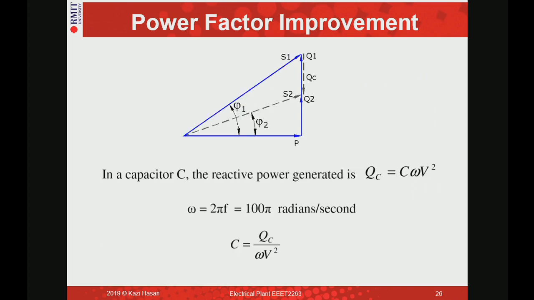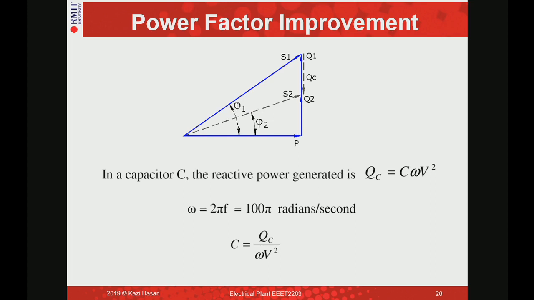Then we have a formula that, to obtain a certain amount of QC, tells how much capacitor you need. That is the formula for that. In a capacitor C, the reactive power generated, QC equals C omega V square, where omega is 2 pi f radians per second.